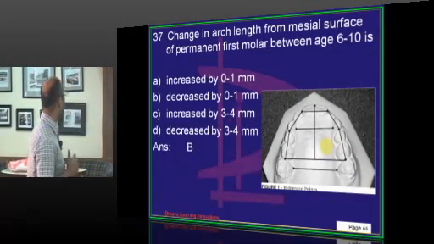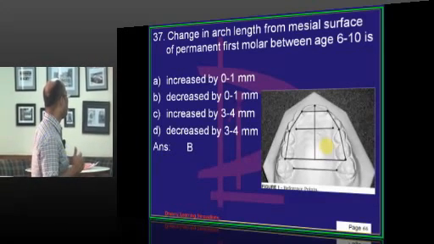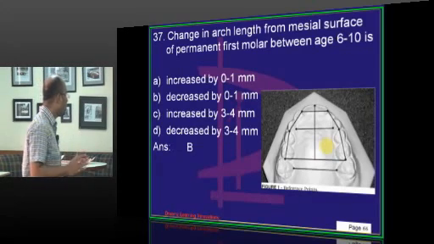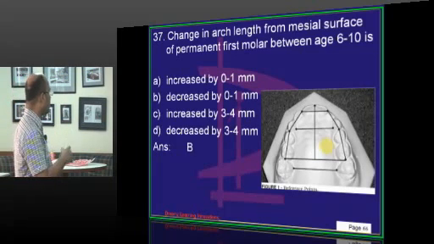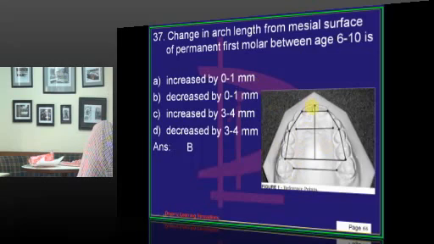Now, change in the arch length from the mesial surface of the first permanent molar between age 6 to 10 is decreased by how much? See, normally the arch length, now arch length means it is measured, it is basically a misnomer. Now, here if you see, this is called as arch length.